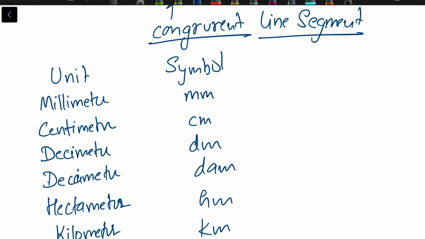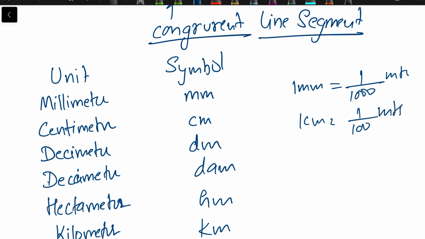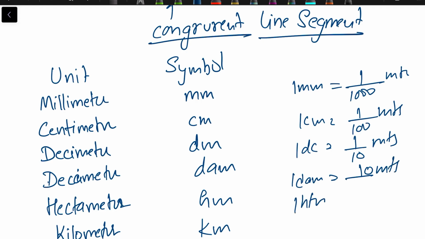Now we will represent the relationships. 1 millimeter is equal to 1 upon 1000 meters. 1 centimeter is equal to 1 upon 100 meters. 1 decameter is equal to 10 meters. 1 hectometer is equal to 100 meters. 1 kilometer is equal to 1000 meters.